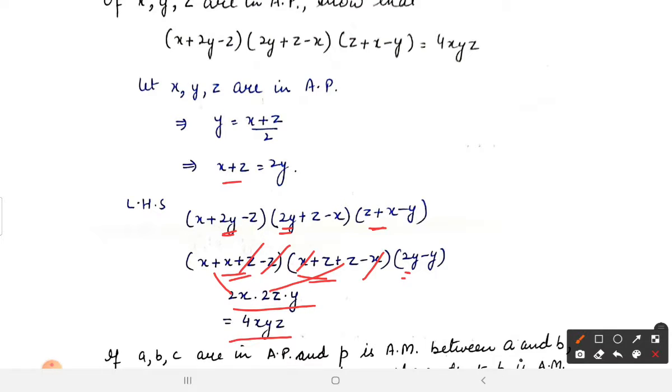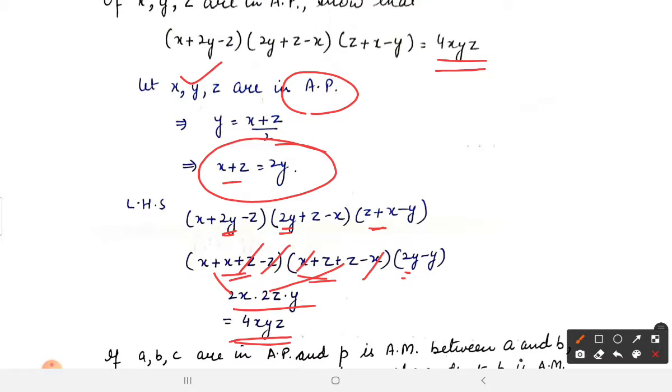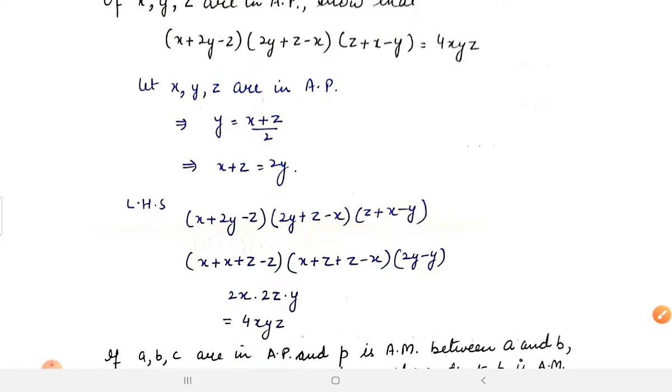So this is 4xyz, which is equal to the right hand side. We have used only the concept of arithmetic progression: if three numbers are in AP, then the middle one is the arithmetic mean between the extreme ones, that is y = (x + z)/2, the arithmetic mean of two numbers.